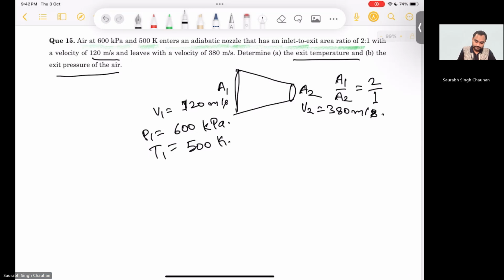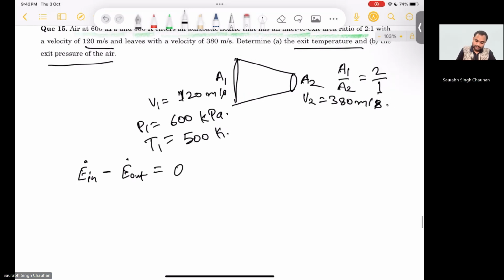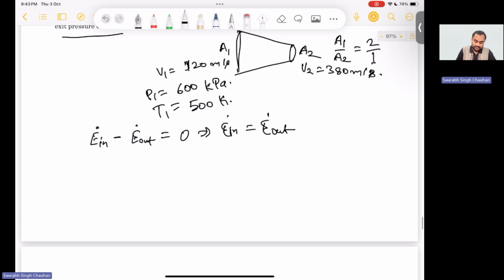So whatever energy is in, the same energy will go out. Okay, so this will be 0, right? So this means energy in is equal to energy out. So at inlet, what is the energy? If you try to write the energy, then at inlet, and we are assuming that obviously there is mass conservation and other things. So mass flow rate is constant.